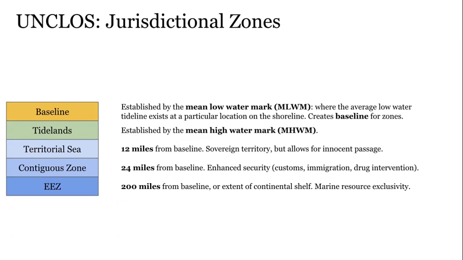But anyway, that area of the exclusive economic zone, however defined, is usually 200 miles. Not many continental shelves extend beyond 200 miles, but some do for some coastal nations, but it's mostly 200 miles from that baseline. The marine resource exclusivity means that the resources within that area are exclusive.